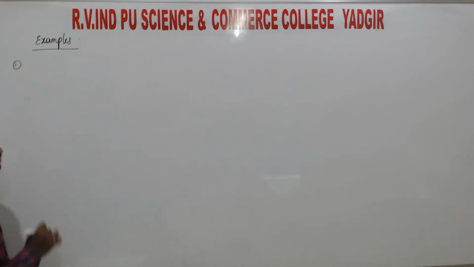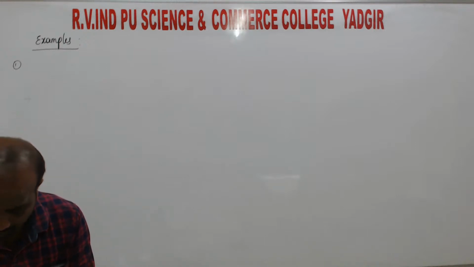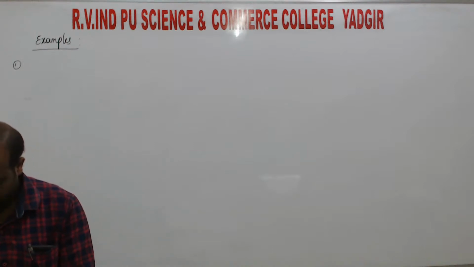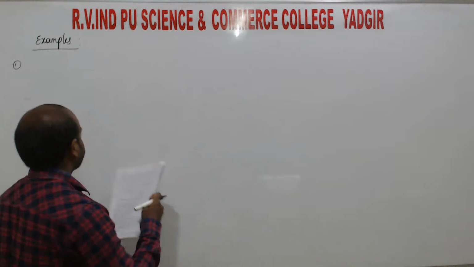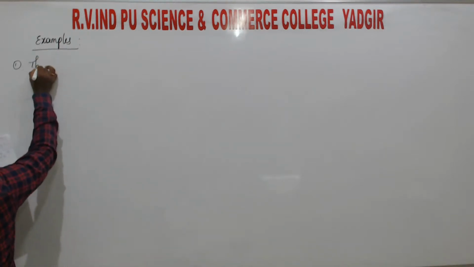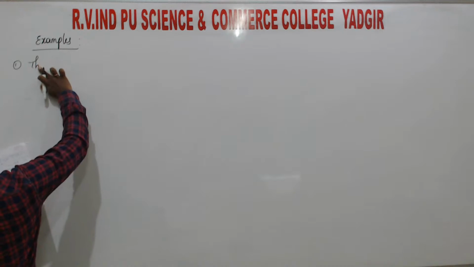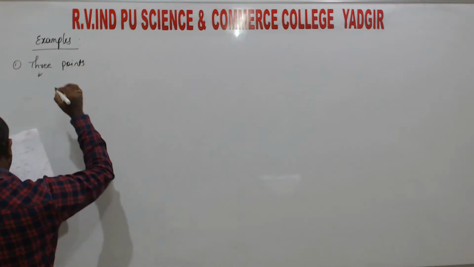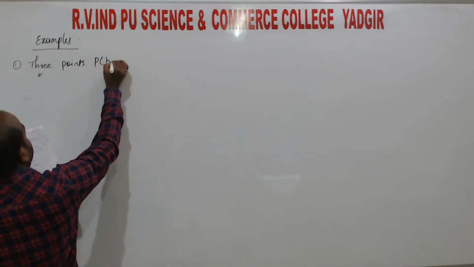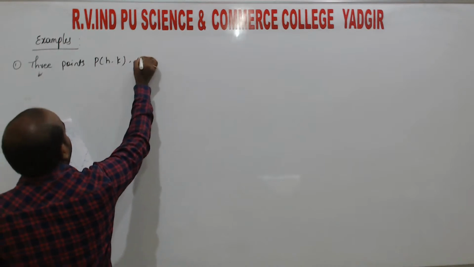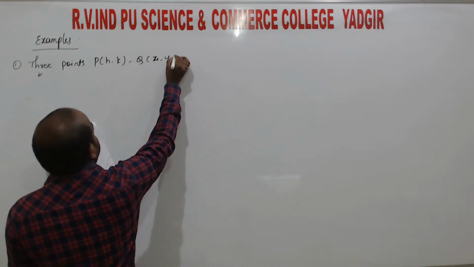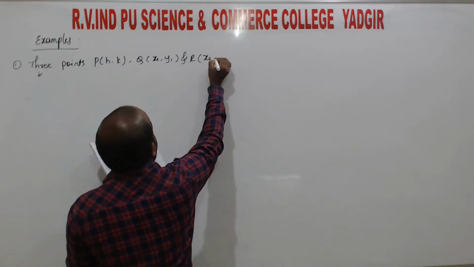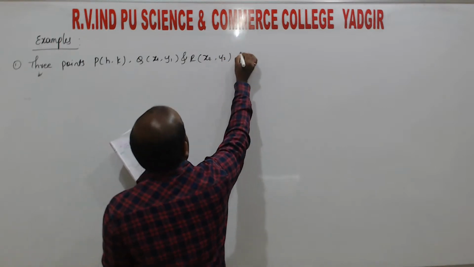First question. 3 points P of (h, k), Q of (x1, y1), and R of (x2, y2) lie on a line.